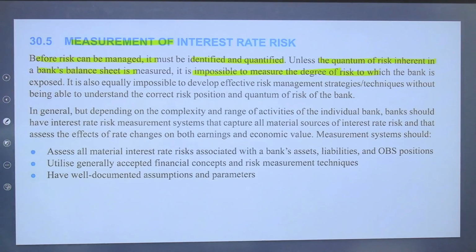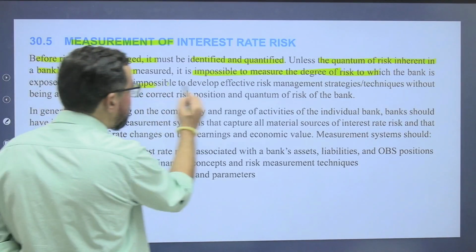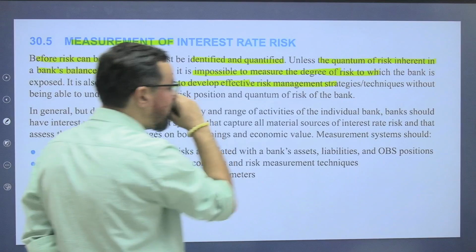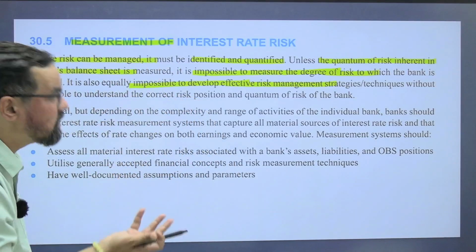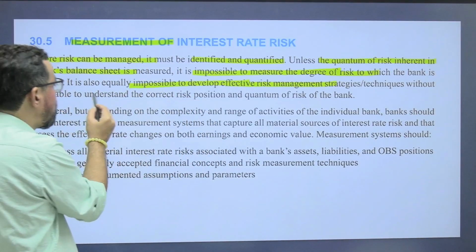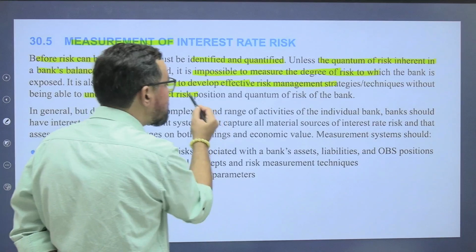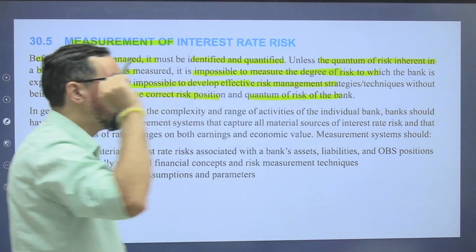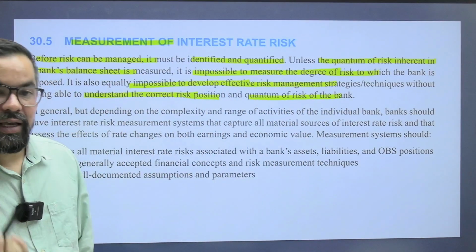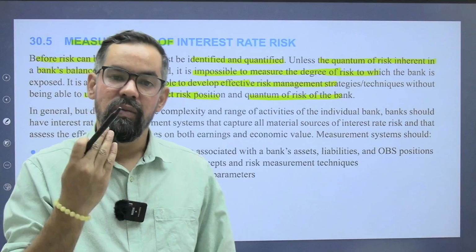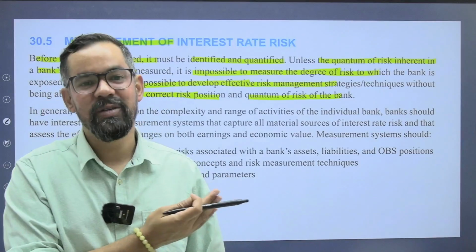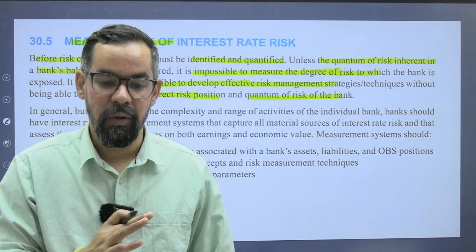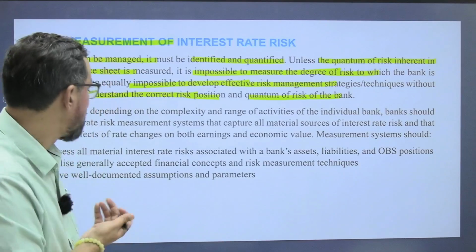It is also equally impossible to develop strategic, effective risk management strategies, techniques without being able to understand the correct risk position and quantum of the risk of the bank. ठीक है, as I gave an example कि risk was 1 crore and you plan for 5 crores, ठीक है, the pricing was 5 crore, तो कोई point नहीं है उसका आपका, ठीक है.